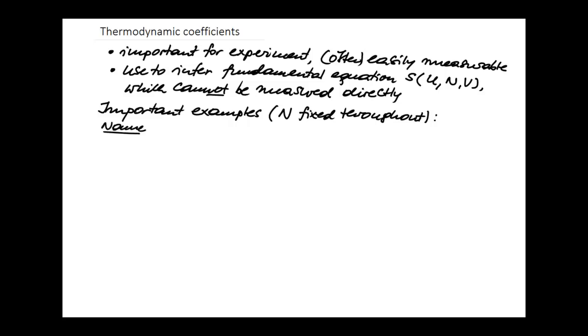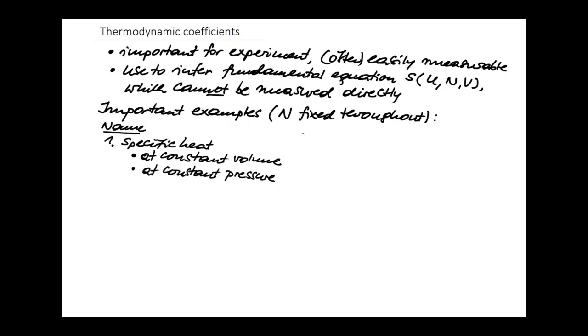One example which we have already encountered is the specific heat. It comes in different versions. We have already seen specific heat at constant volume. There's also specific heat at constant pressure. They are denoted by different symbols, either CV at constant volume or CP at constant pressure.